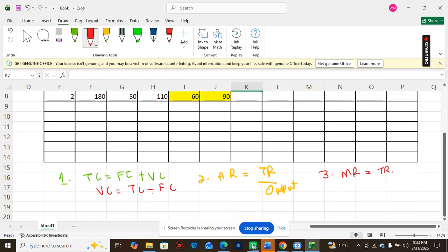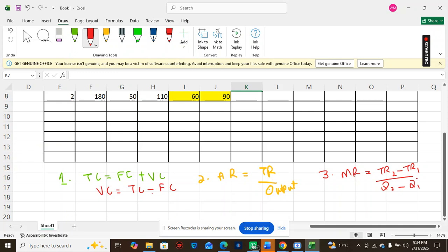So you say total revenue 2 minus total revenue 1 over output 2, the new output, minus the old output. That's how you get your marginal revenue: the change in total revenue, the new total revenue minus the old total revenue, over the new quantity minus the old quantity.